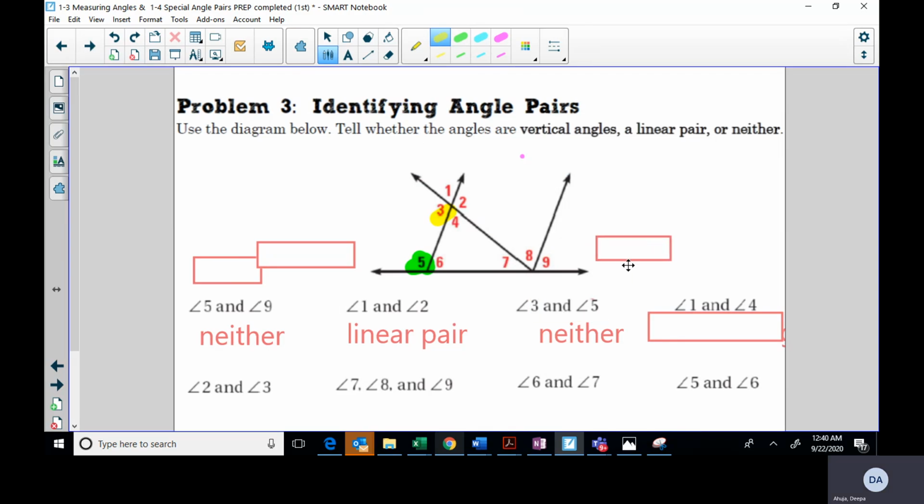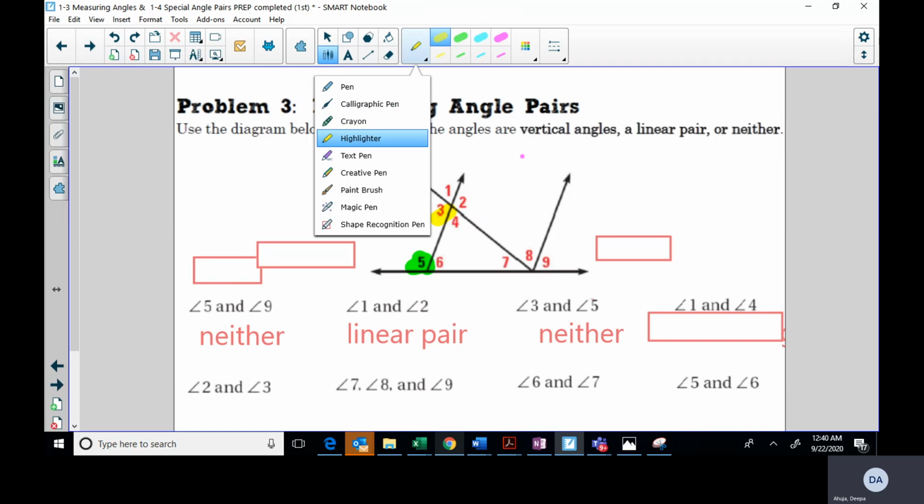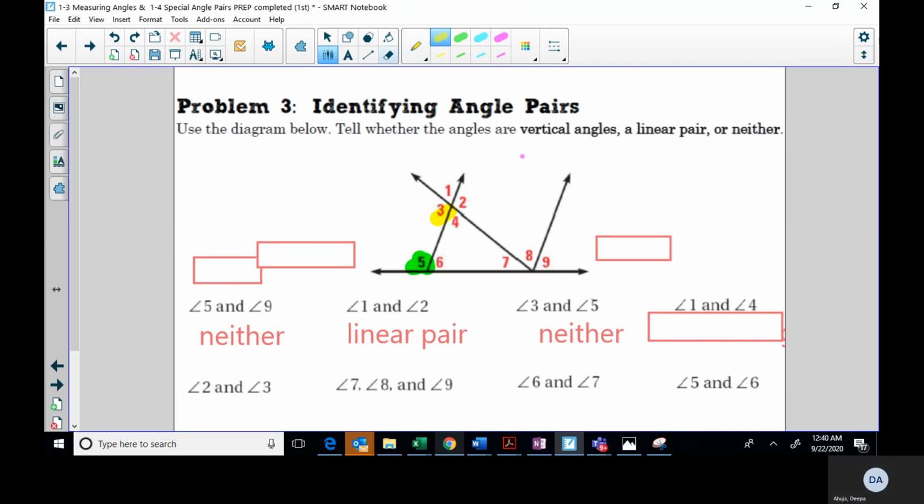What about angle 1 and 4? Are they formed by two lines? Let's see. Let me erase angle 3 and 5 here. This is your angle 1 and this is your angle 4.